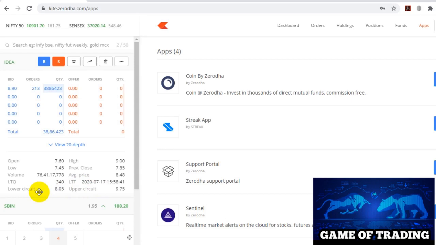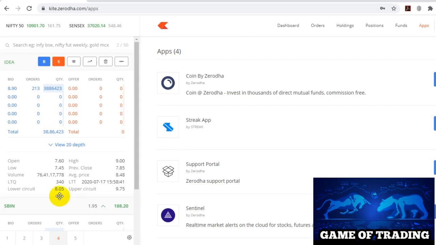Lower circuit. Lower circuit means when a stock hits a lower circuit, there will be only sellers and no buyers. So if someone wants to buy the stock, they can do so at the lower circuit.